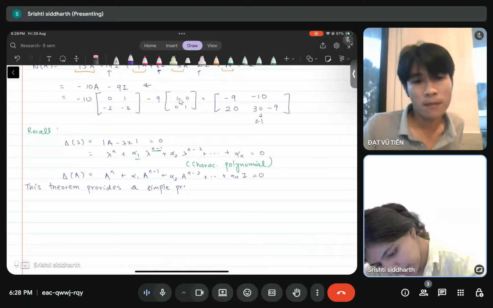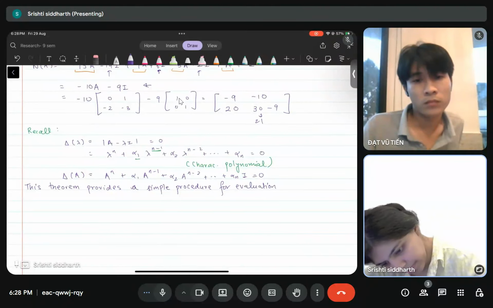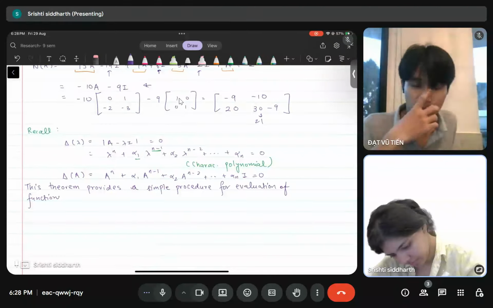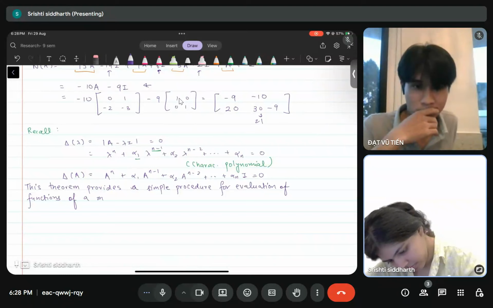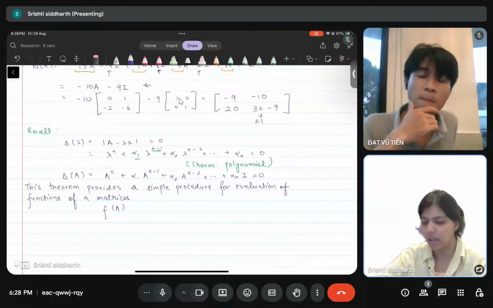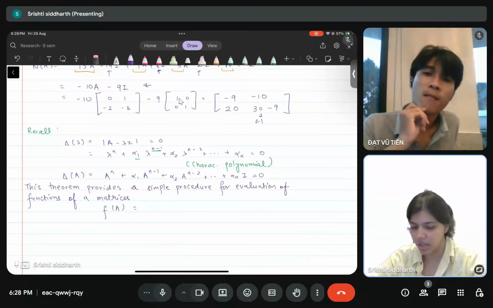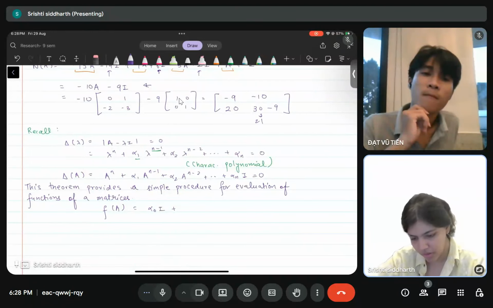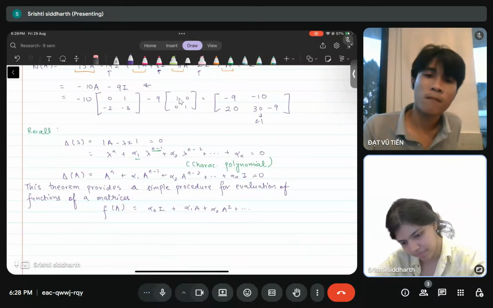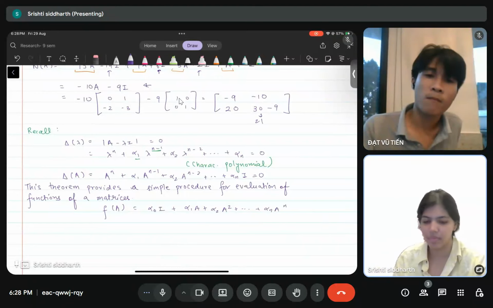It's a simple procedure for evaluating functions of matrices. So let's say that function is some f of A, and this can be written as alpha 0 I plus alpha 1 A and so on.